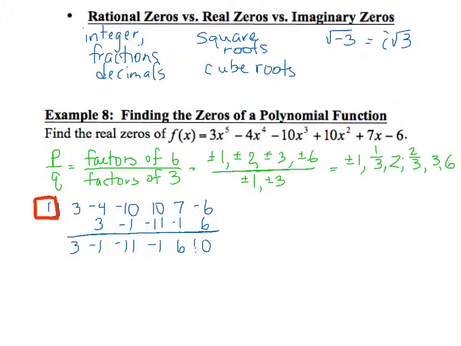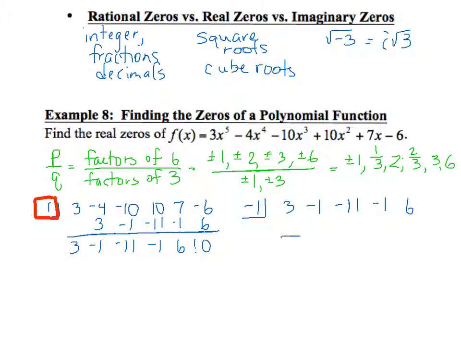Alright, so now we're going to use your depressed polynomial. You're going to use the 3, -1, -11, -1, and 6, and do synthetic division again. You could try 1 again, but we're going to do it with -1. So you say -1, and then we go 3, -1, -11, -1, and 6.